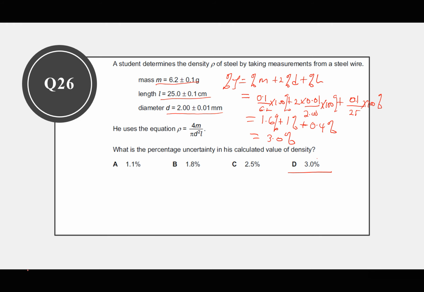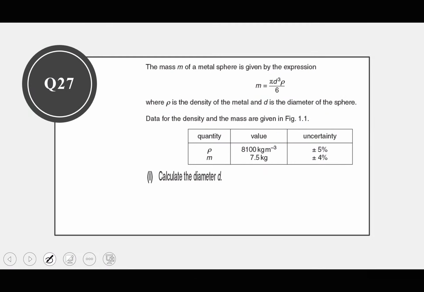Next. The mass m of a metal sphere is given by that expression. Calculate the diameter d. So we make diameter the subject in this equation.